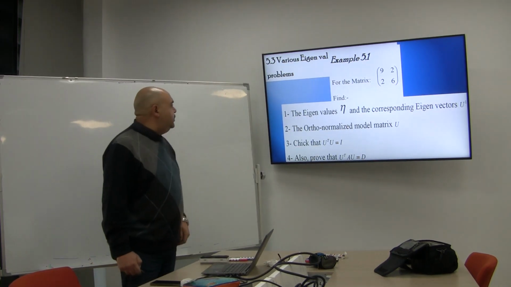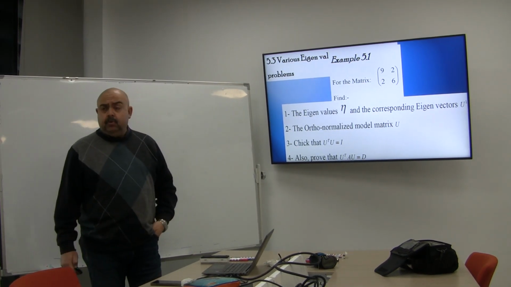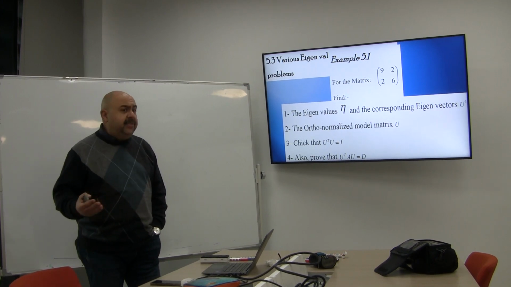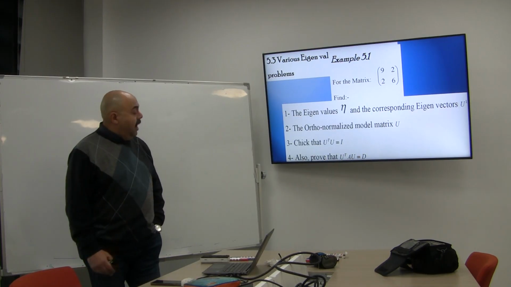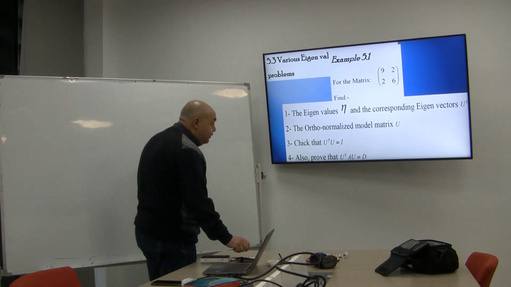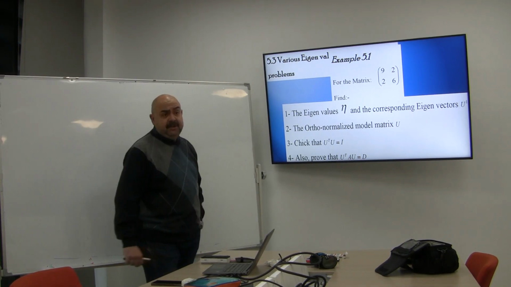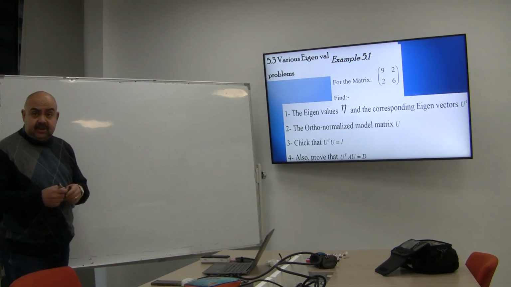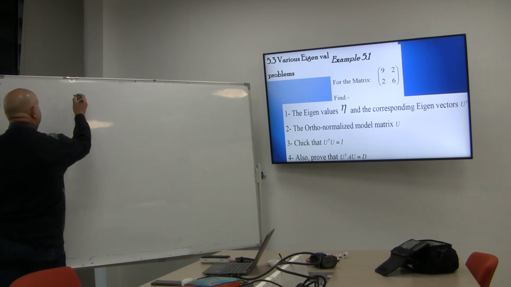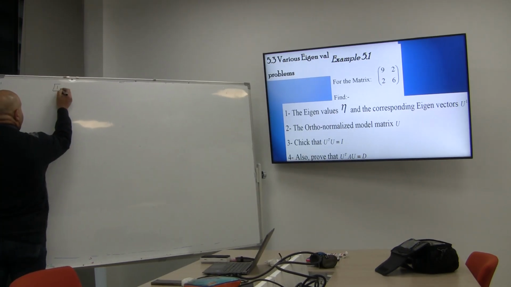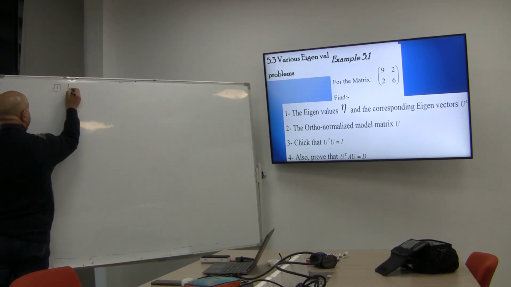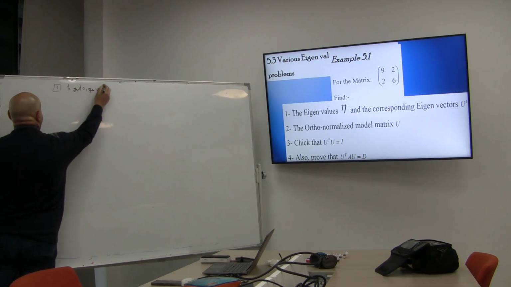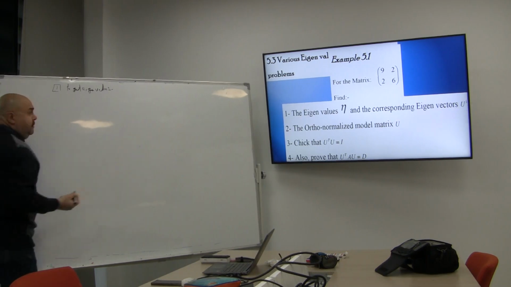Right. First step, let's look at the matrix. I'm going to talk about 2 by 2, and it's going to be the same procedure with 3 by 3. How to evaluate the eigenvalues of this matrix? I have a 2 by 2 matrix. The first step now is to get the eigenvalues for this matrix.